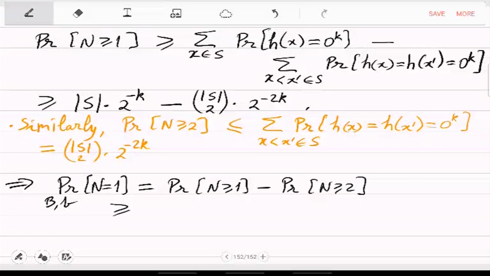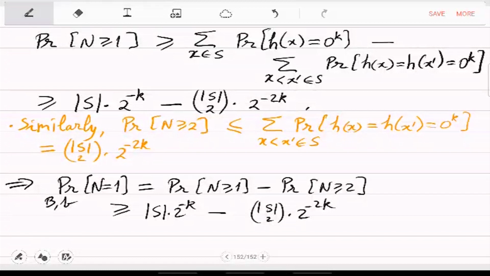which is at least, so lower bound, S choose 2 raised to minus k minus S choose 2 raised to minus 2k, and then you subtract again the same thing.